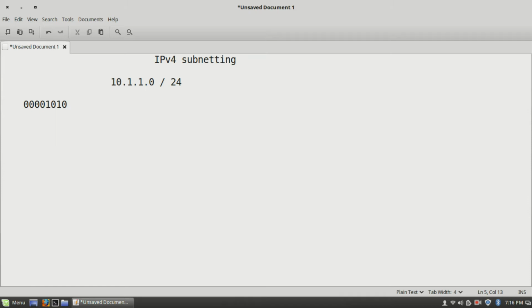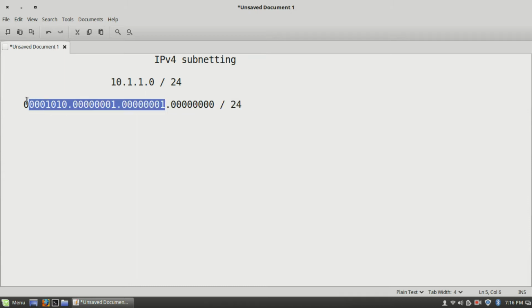And the binary representation of 1 would be 0 0 0 0 0 0 0 1. Similarly for this one, and the zeros are all zeros. Let's keep 24 as 24 itself. So this becomes the dotted binary representation of this IP address. Now among these, I said that the first 24 belong to the network, and the rest 8 belong to the host.